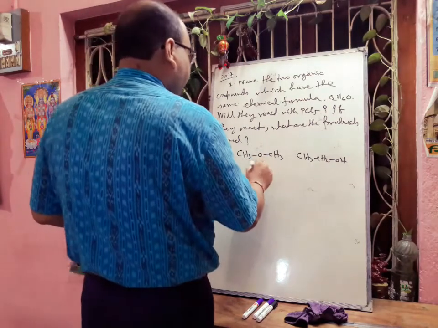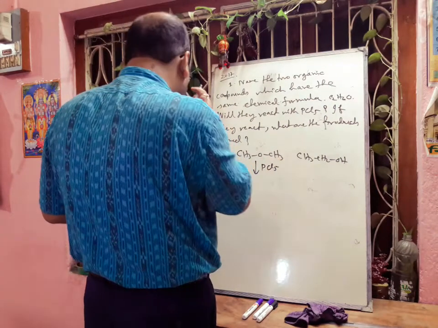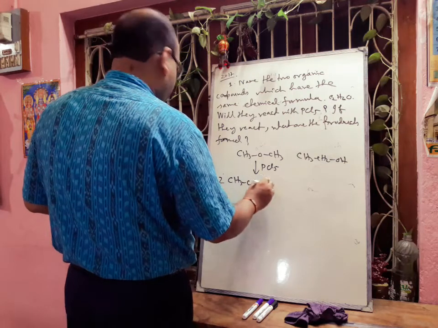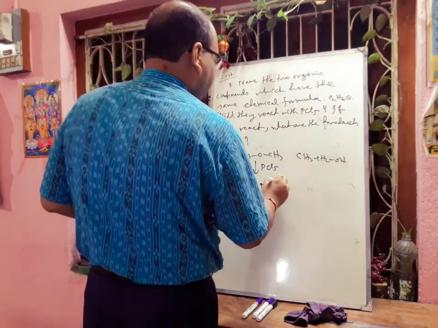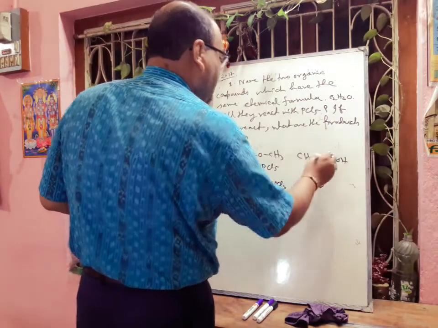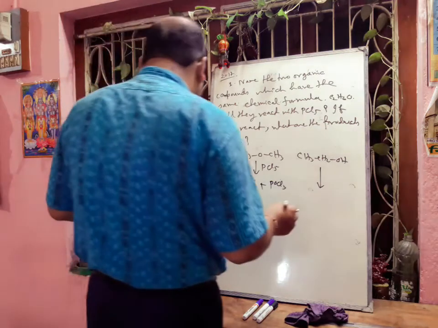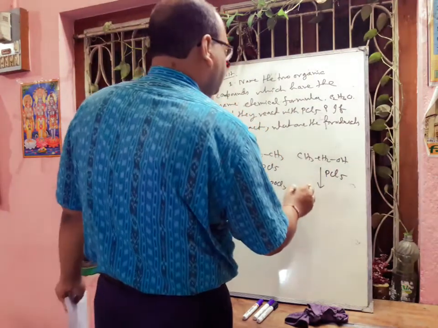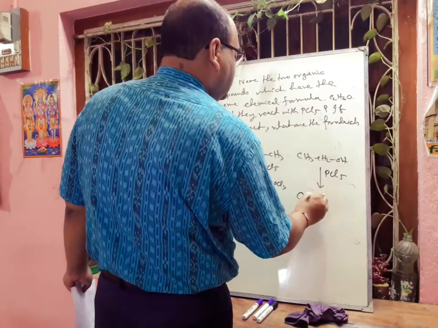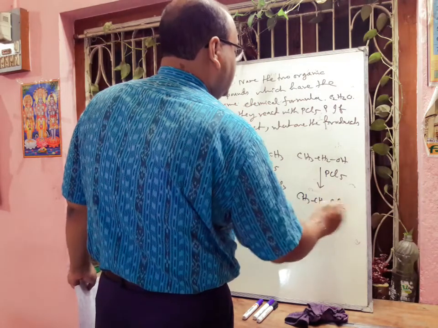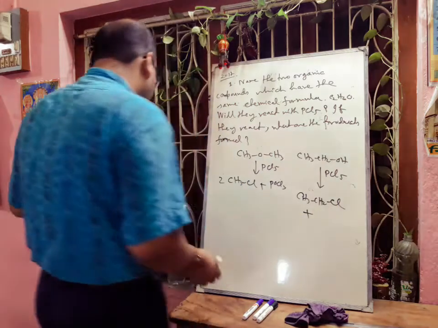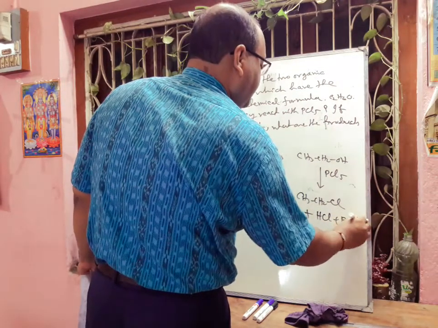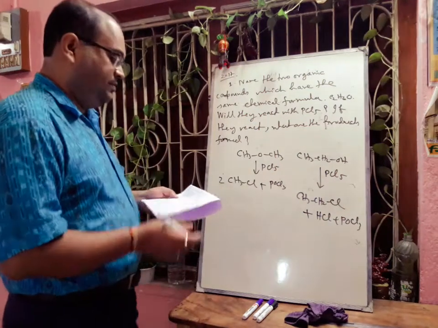In the ether case, if we give PCl5, that will form the corresponding halide, that is CH3Cl plus POCl3. But in case of alcohol, if we give PCl5, that will form the corresponding chloride, CH3CH2Cl, ethyl chloride, plus there will be formation of HCl and POCl3. That will be your answer.